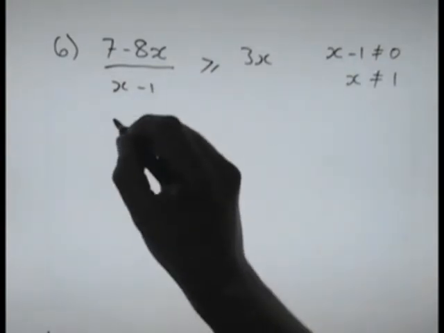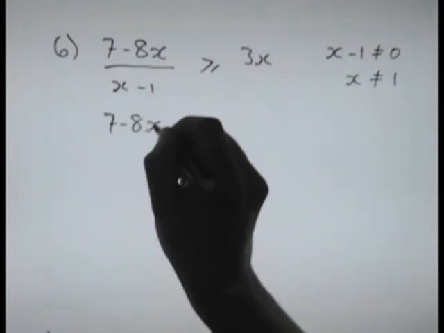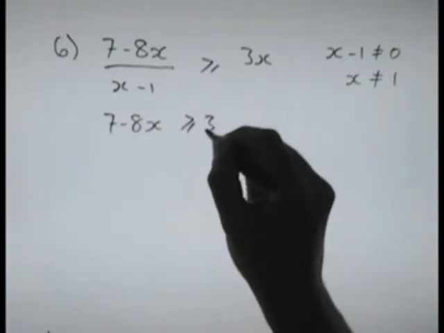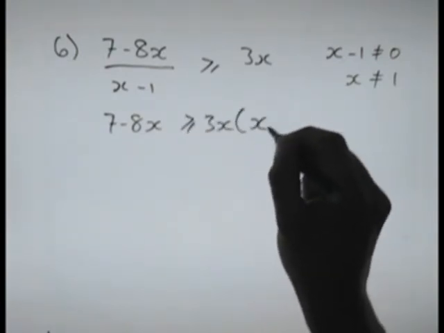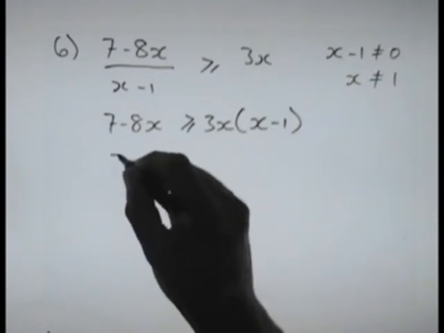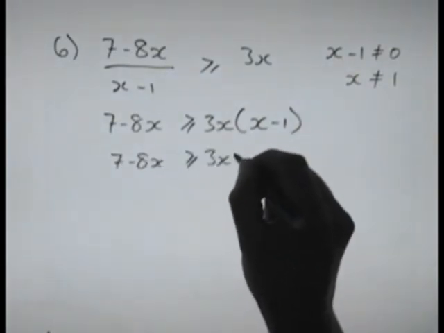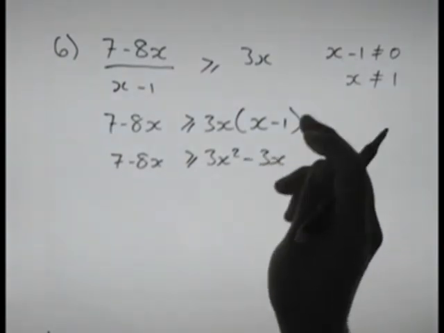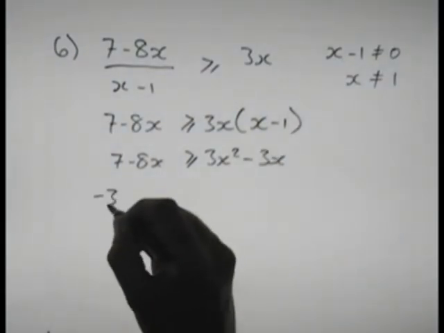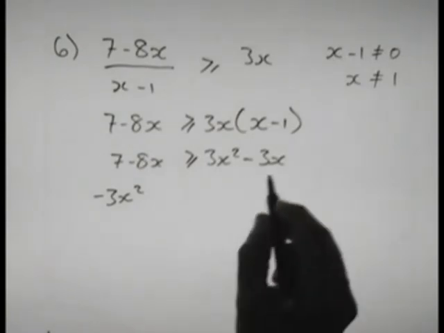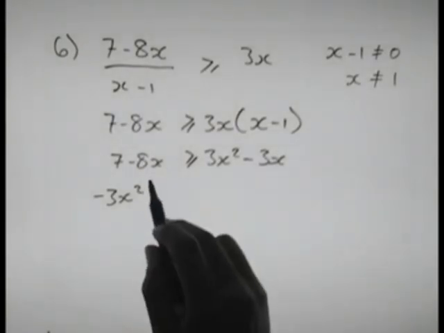Multiply the denominator out. That means that 7 minus 8x is greater than or equal to 3x multiplied by x minus 1. 7 minus 8x is greater than or equal to 3x squared minus 3x. Take everything across: negative 3x squared, minus 3x becomes plus 3x.